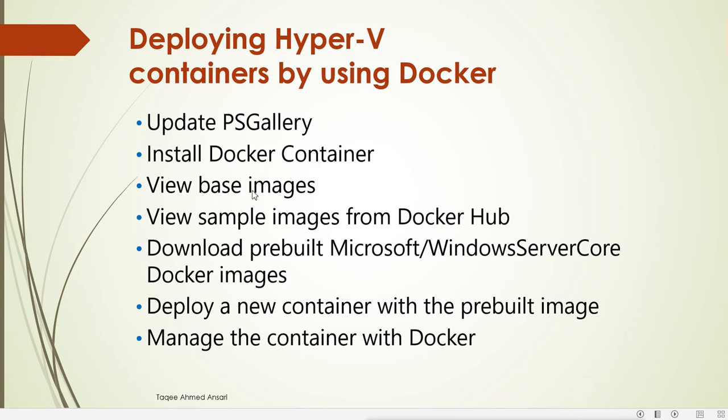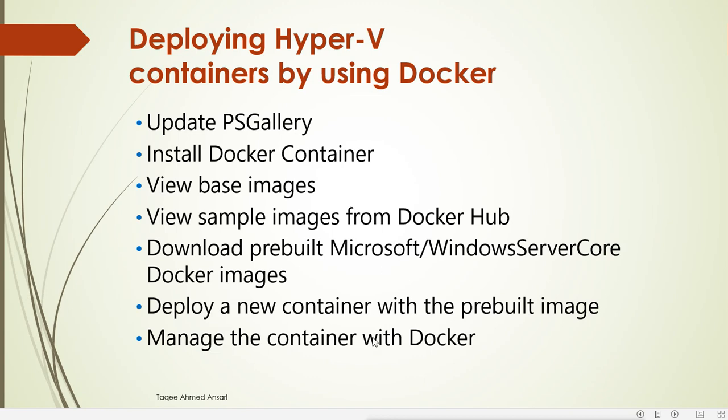Then we install Docker, view the base images, and see the simple images from Docker Hub also. Then we can download the pre-built Microsoft Core server or other images from Docker Hub, and deploy a new container with the pre-built image. When we get the pre-built image, we can make the new container out of it, and we can manage the container through Docker.